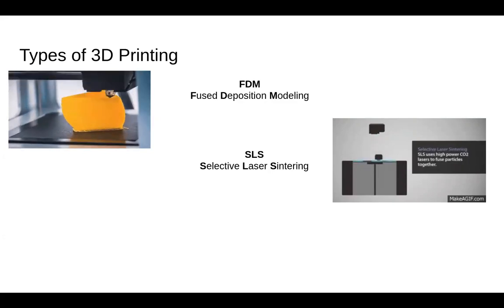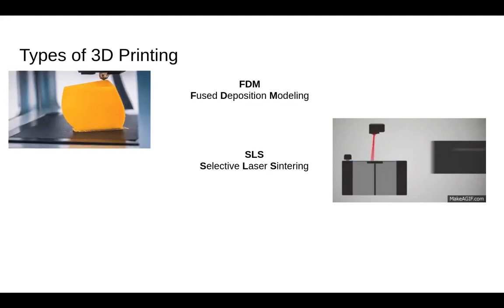Thin layers are slowly added, and a laser comes around and zaps the different layers to fuse them together, and it slowly builds up that way. It's very industrial. You very rarely see it outside of an industrial setting. If you've ever seen 3D printed metal, there's a 99% chance it was sintered, using this process.